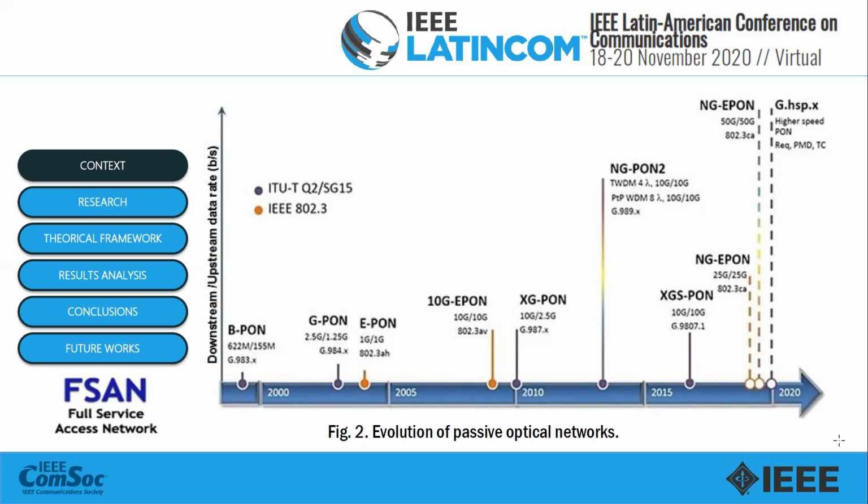We have to focus our attention on the XGS-PON 10G, which is symmetrical, 10 gigabits per second for the downlink and 10 gigabits per second for the uplink. But our test or simulation scenarios consider this infrastructure only for the downlink, due to some restrictions in the OptiSystem simulation software.